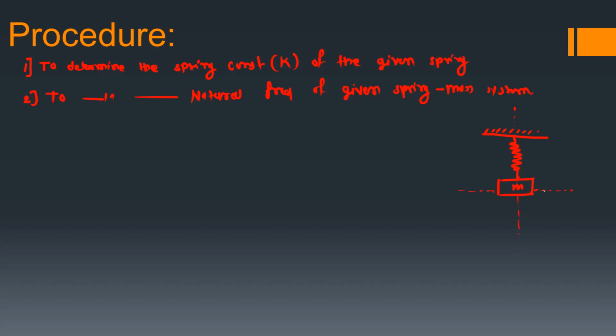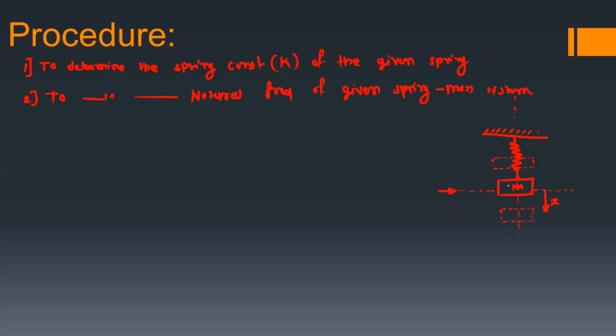From this mean position, if you provide a small displacement x to the mass, then the mass will oscillate about this mean line continuously, because there is no damper in the system. This oscillation of the mass is along this vertical axis. The oscillation direction is parallel to the axis of the system, and this is called longitudinal vibration.